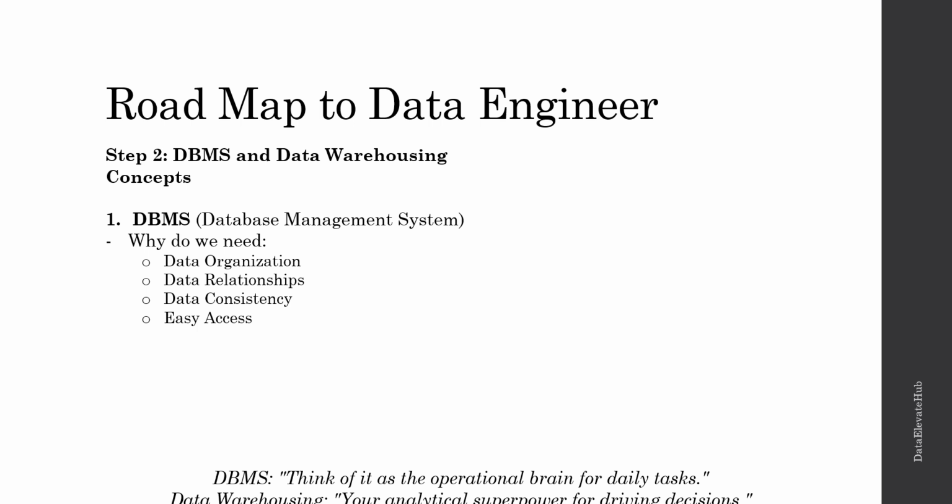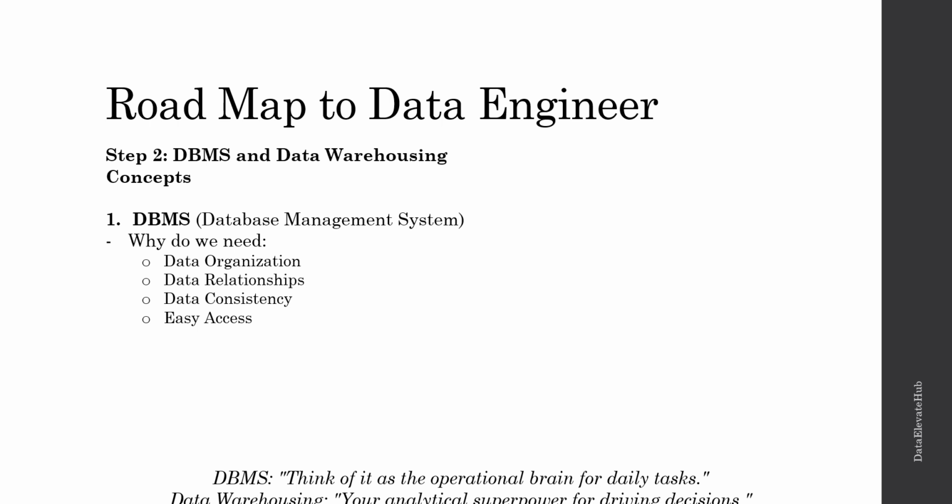It helps to organize the raw data into meaningful tables, and it connects the related data sets using primary keys and foreign keys. It establishes the relationships, and it avoids duplication through the normalization process. So it maintains the data consistency, and it provides tools like SQL to retrieve, update, manipulate the data efficiently. So it is easily accessible.